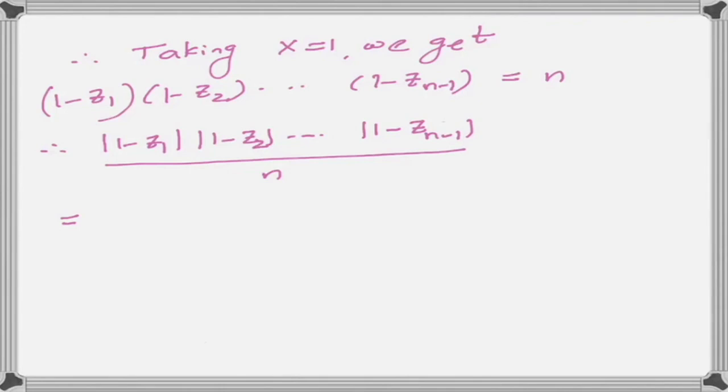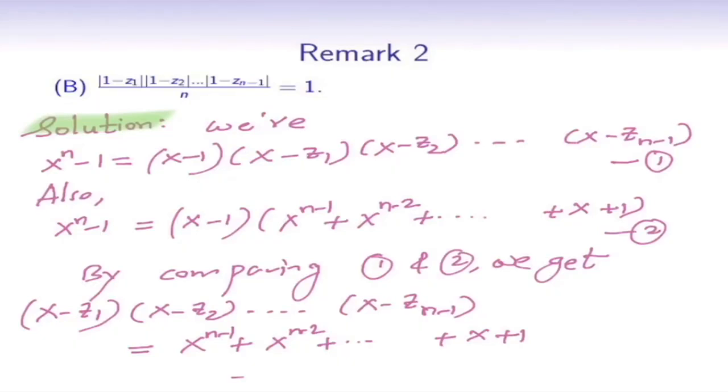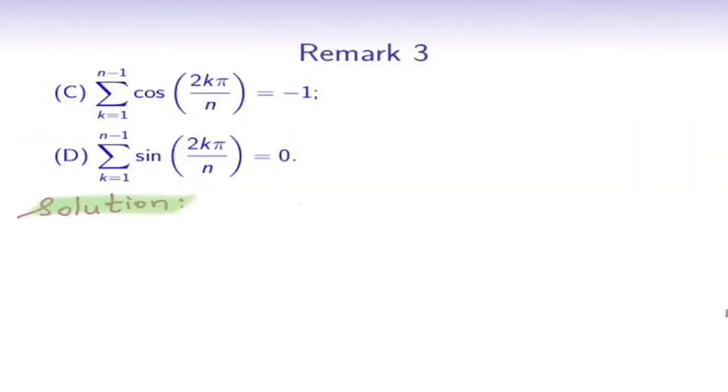So, this is equal to the absolute value of 1 minus z1 times 1 minus z2 and so on up to 1 minus zn minus 1 whole divided by n. This is equal to n divided by n, which is equal to 1. So, this proves the remark 2.